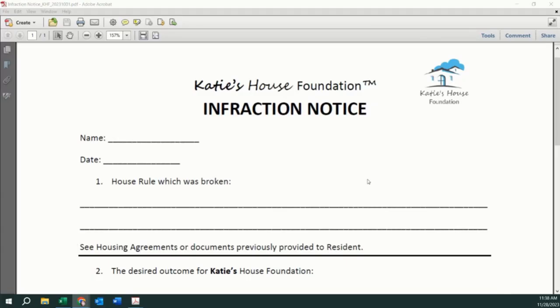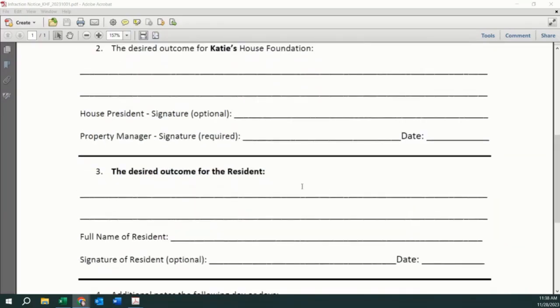The reason that this is important is because when you write someone an infraction notice, they might want to leave your shared housing, which is fine. At that point, you'll see here that the desired outcome for your operation is such and such.